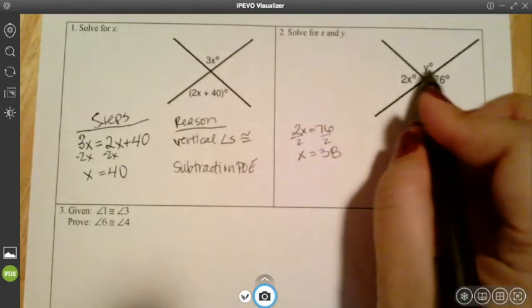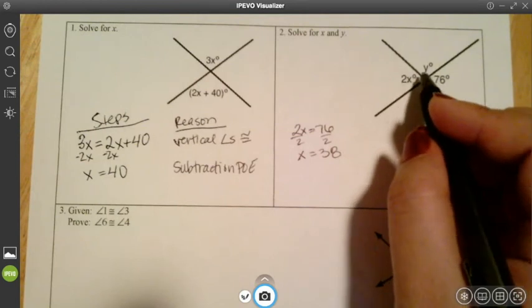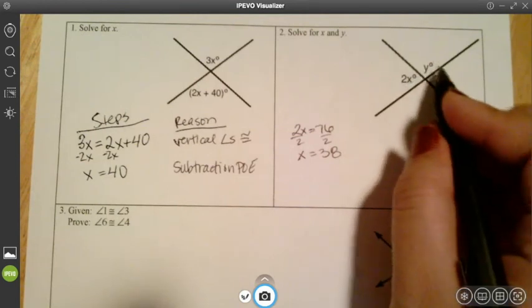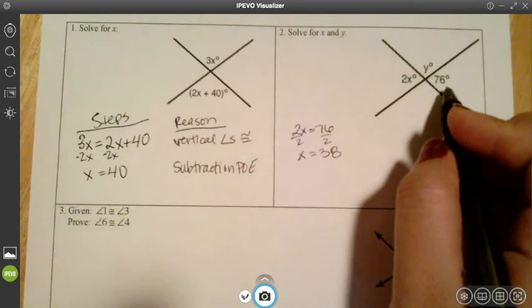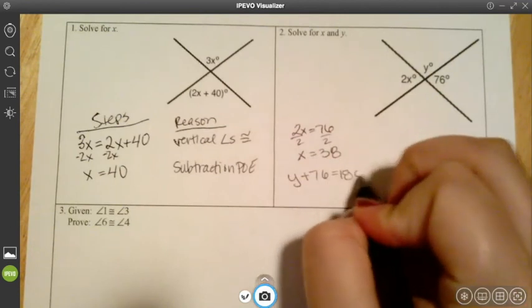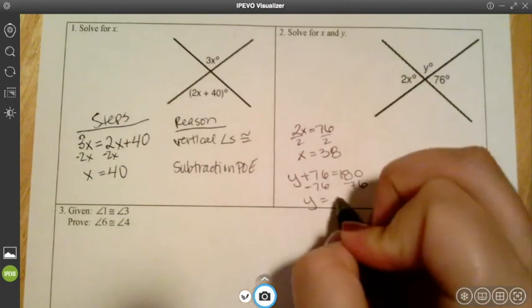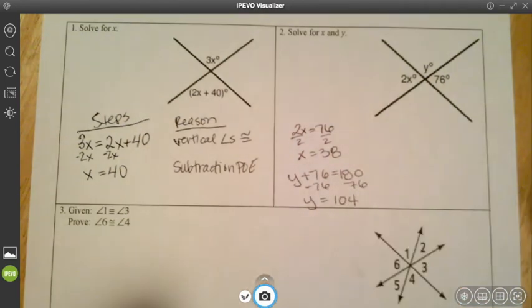And then we want to solve for y. Well, y, we could set it up with 2x, or we could set it up with 76. These two angles are a linear pair, so they're supplementary. y plus 76 equals 180, minus 76, y equals 104.